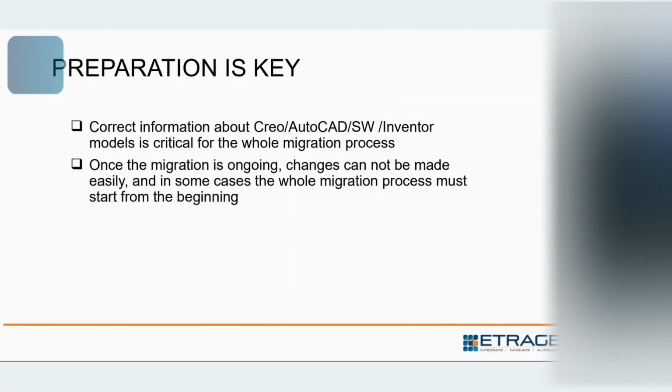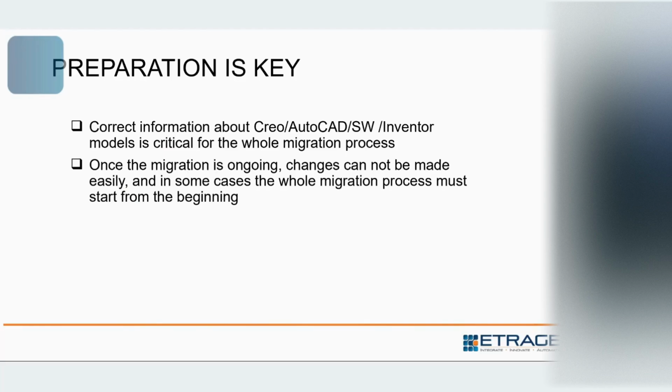Preparation is key, as we stated here a couple of times. The most important phase of the migration process is preparation. If we collect all relevant information properly and do not miss any important data like dependencies or instances, if we talk about Creo models, then the migration process in most cases will go without any additional issues.